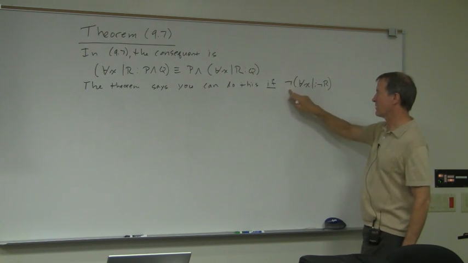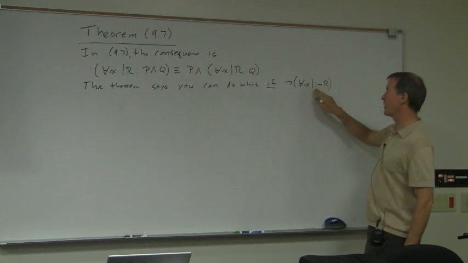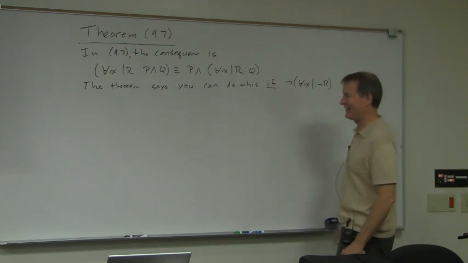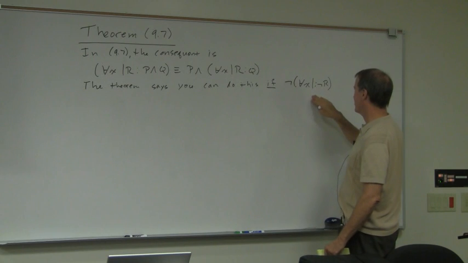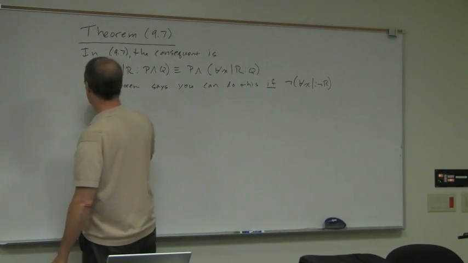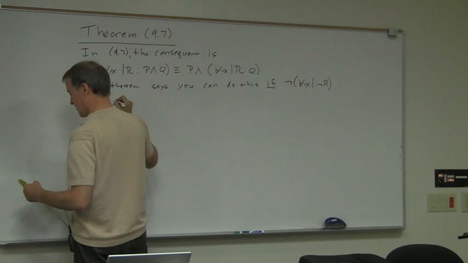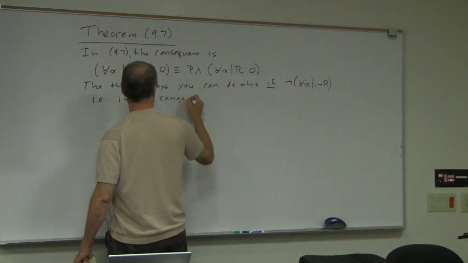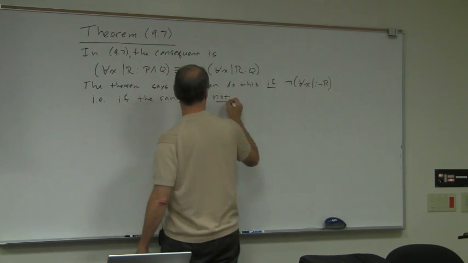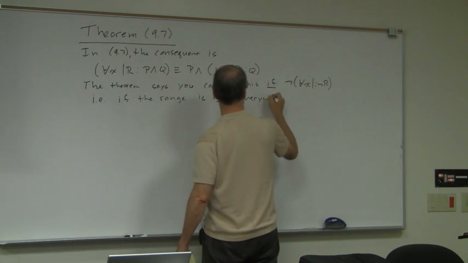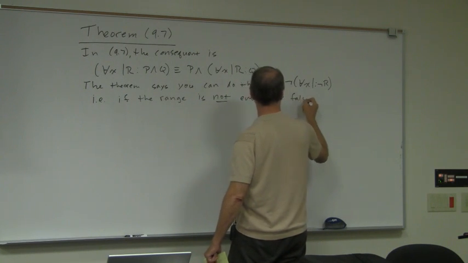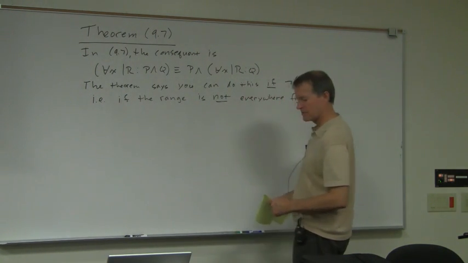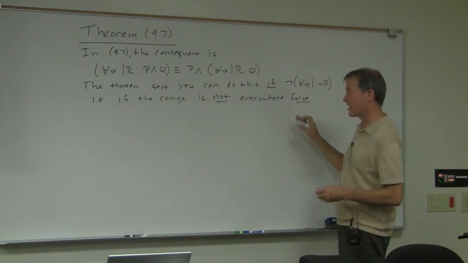And for all x, not R means that for every possible value of x, we have not R. In other words, the theorem says you can do this if the range is not everywhere false.